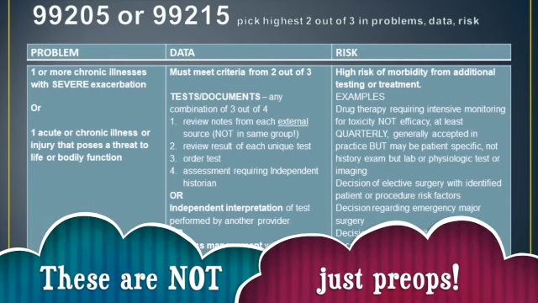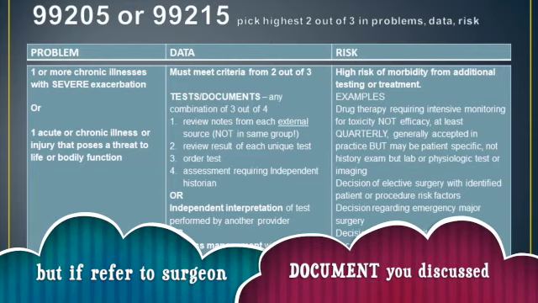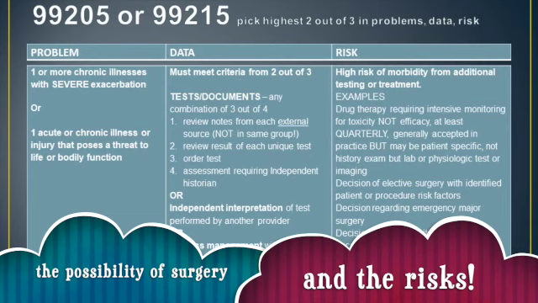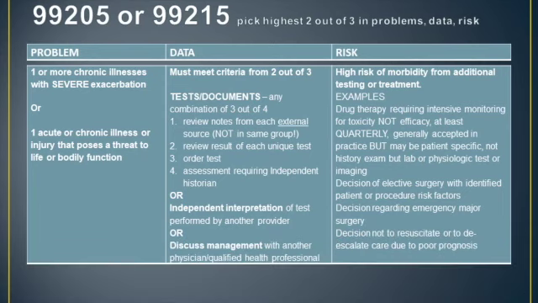Decision of elective surgery with identified risk factors, or decision regarding major surgery, or a decision not to resuscitate or to stop care. I've only had to do that one time in my office, thankfully. It does happen, but it's not often. So in my opinion, for 99215, you're going to either meet it in problems or in data.